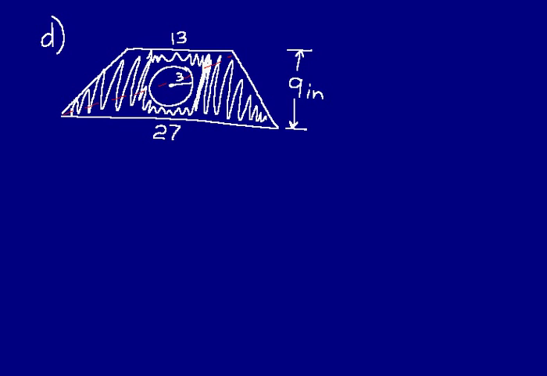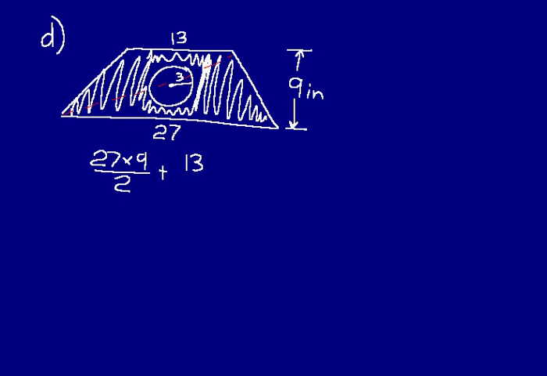And so the first one that I'll do is the bottom base, or the bottom triangle. Has a base of 27, a height of 9, divided by 2, and then add to that the base of 13. Now that just seems kind of weird because that's the top of the trapezoid, but it's still the base of that top triangle.